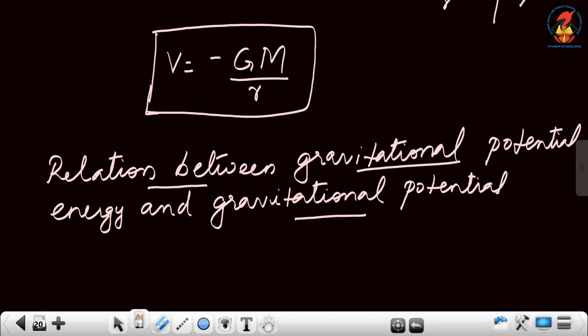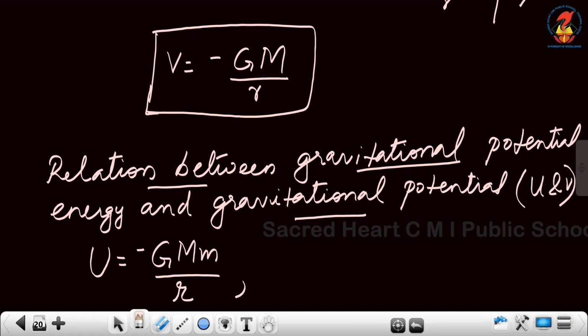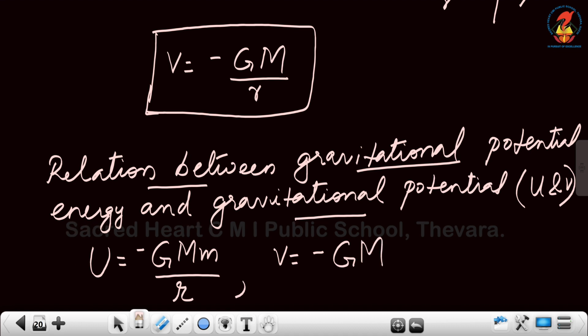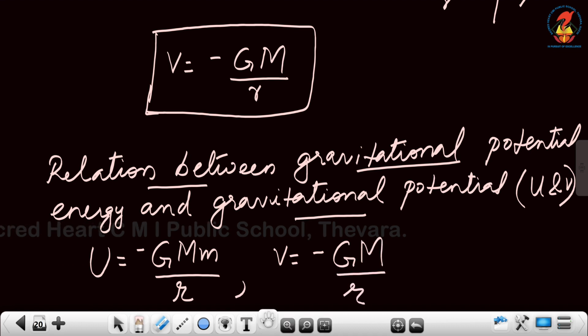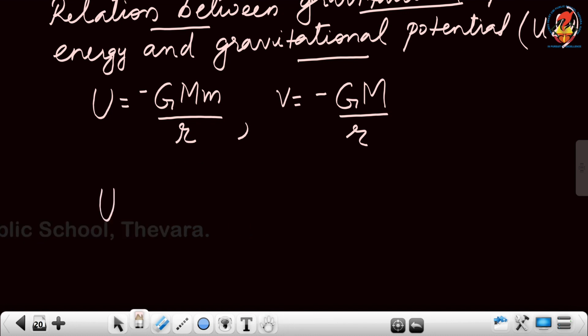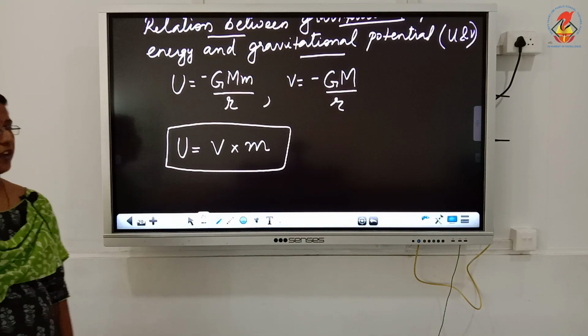That is the relation between U and V. We know the equation for gravitational potential energy is U is equal to minus GMm by r. And the equation to find gravitational potential is V is equal to minus GM by r. So, if we compare the above two equations, we can write gravitational potential energy U is equal to gravitational potential into the mass of the object. U is equal to V into m.